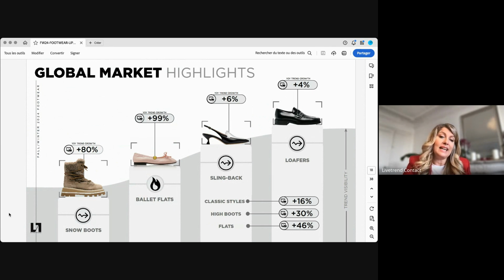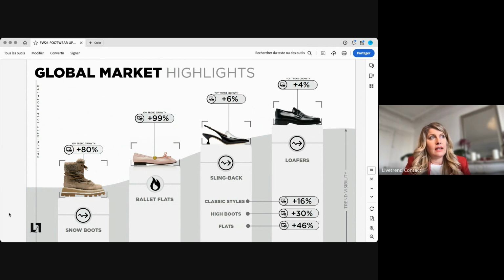And you can see how the ballet flats are increasing by nearly 100% on the market. So it's predicted to be a very hot trend with different shapes and evolution from what we have seen in the market this year. And then the snow boots are a very fashionable product at the moment.